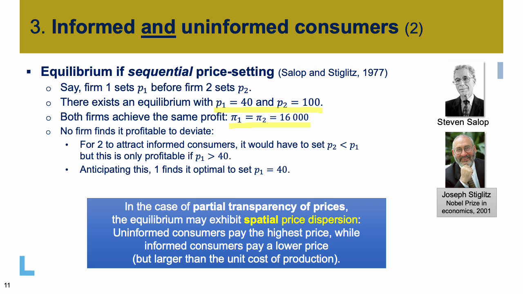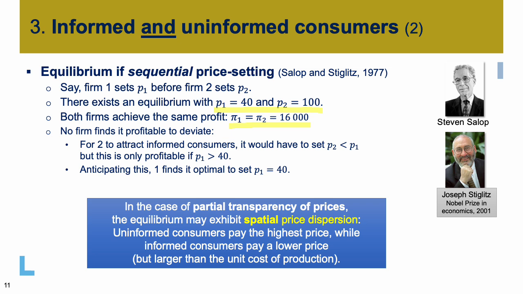Okay, so what they show here is that because there is partial transparency of prices, in the sense of some consumers observing both prices, but other consumers observing only one price, the equilibrium may exhibit what is called spatial price dispersion. Price dispersion means that two firms set different prices for the same product.